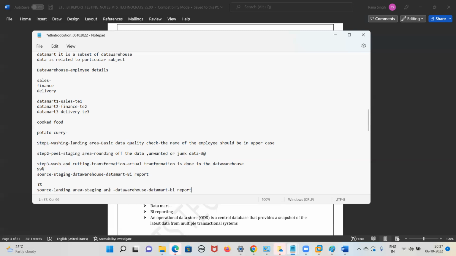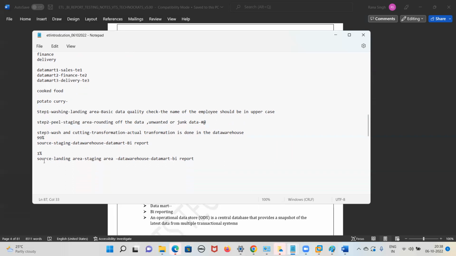That is why 99% of companies do not follow that, and they follow this architecture. You will tell this architecture: from the source, data goes to the staging area, then data warehouse, then data mart, and then the BI report.